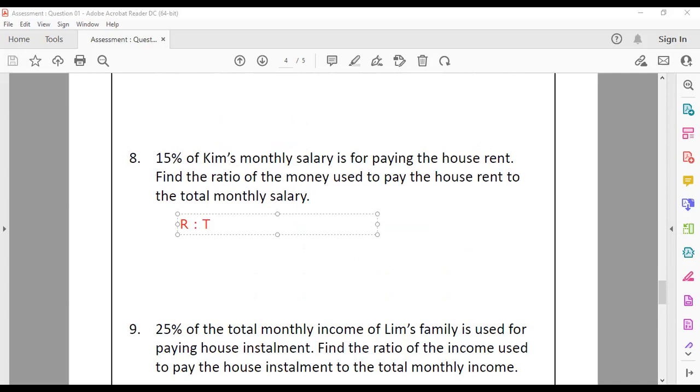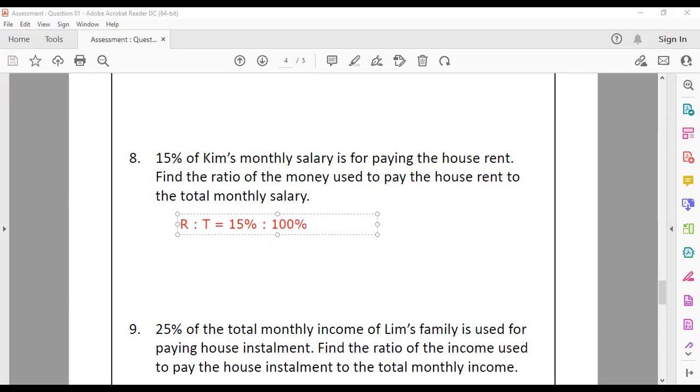Do you understand that? 15% is given in percentages. 15% is what she pays for rent. That means her total salary is how many percent? 100%. Very good.